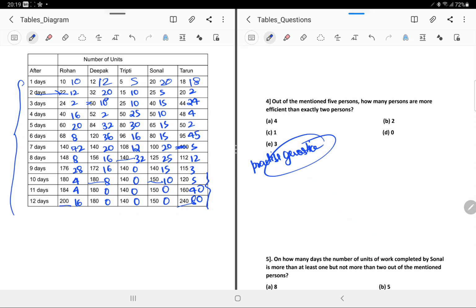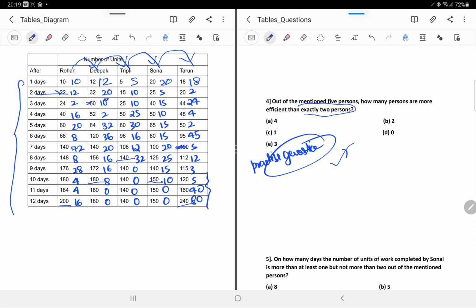So what you need to do is take Rohan and compute his number of bricks made on every day against Deepak, Tripti, Sonal and Tarun. If there are exactly 2 persons with whom he is efficient, that is, he ends up doing more work on at least 7 days, then he is said to be more efficient.